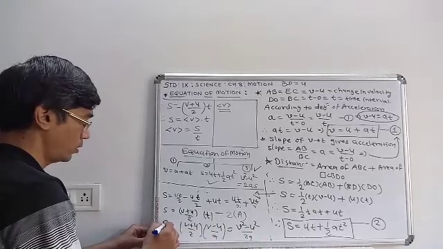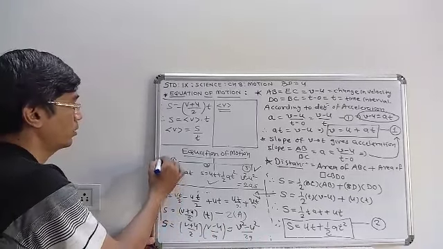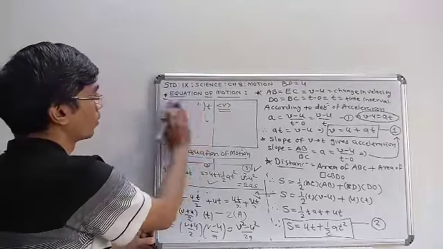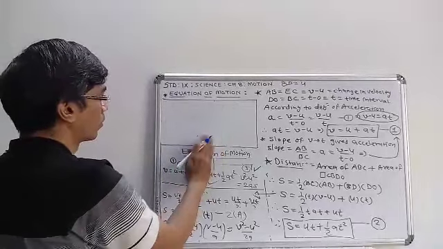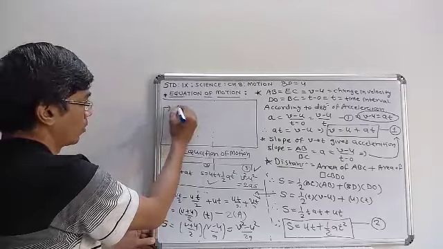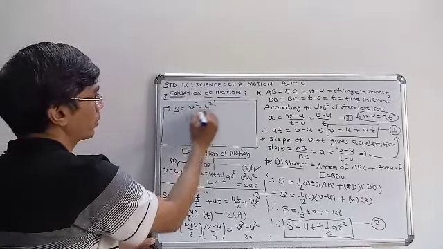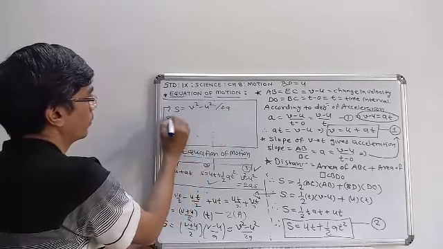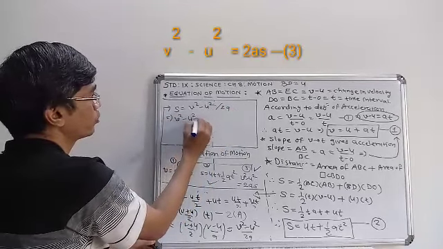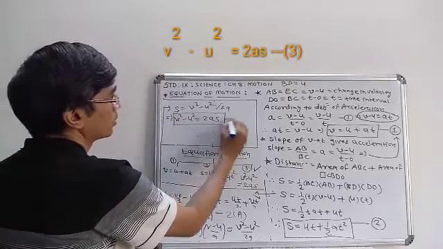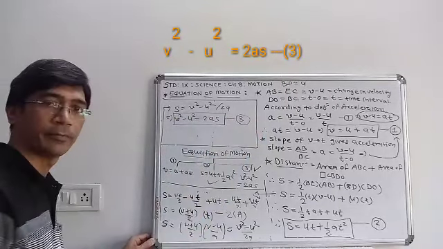So in general we can write s is equal to (v square minus u square) upon 2a. That means v square minus u square is equal to 2as. This is equation number 3.